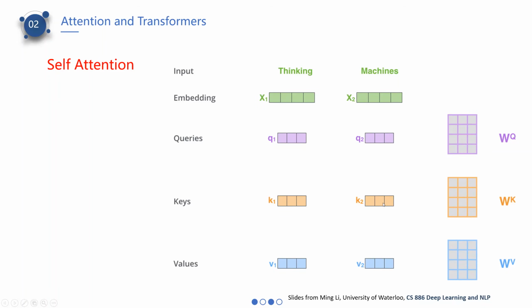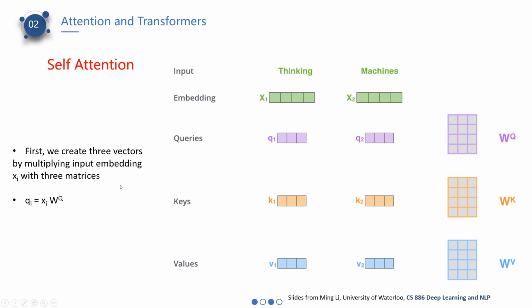The way we do that is by multiplying by the WQ, WK, WV matrices, as I explained earlier. Here we have 4 rows because it's 4-dimensional. The other one has 3, but it doesn't matter. First we create 3 vectors, the query, key and value, by multiplying the input embedding with these 3 matrices. This is the way we explained it, and we get those.